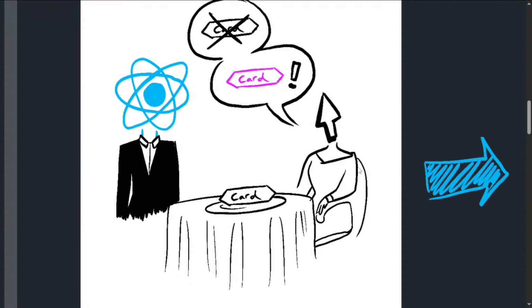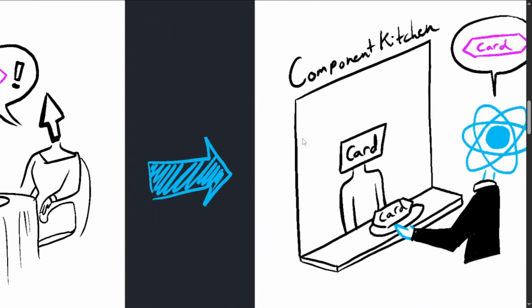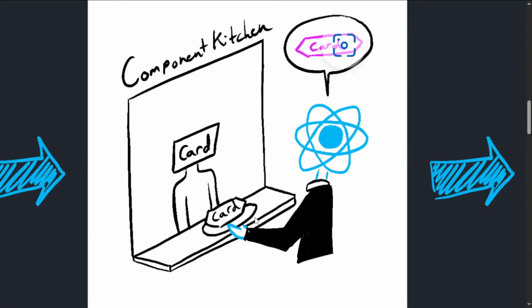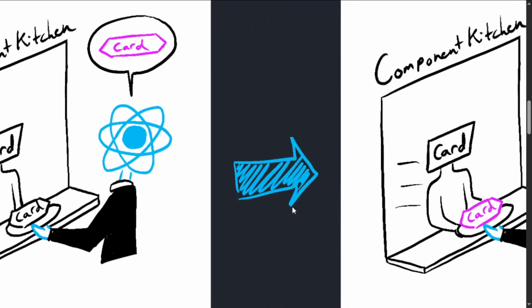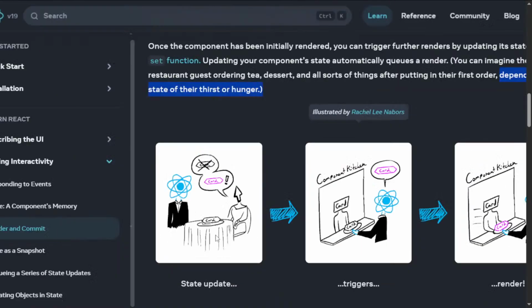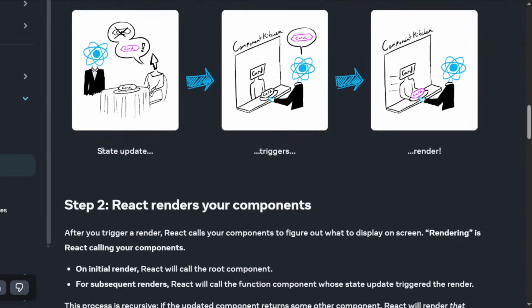I don't like this, the user doesn't want a black card, they need a pink card or a purple card, and the component card goes back and gives back the black card and comes up with a purple card. So things are working like here. Hope you understand: state update, like I don't want a black card, I want a purple card.